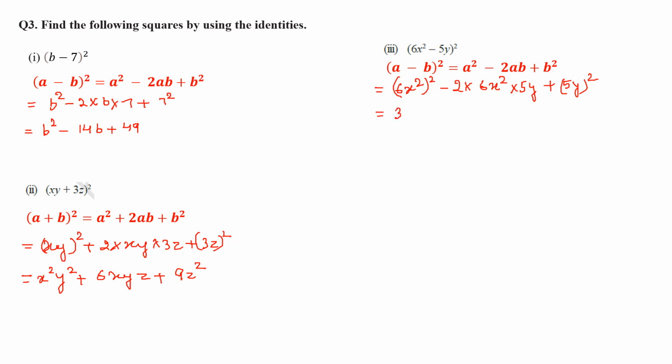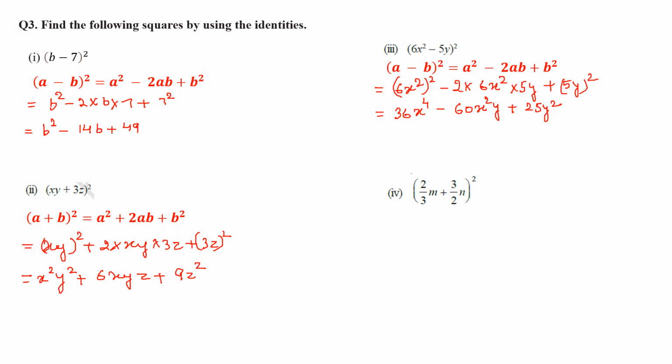So 6 square is 36 and x square whole square will give me x to the power 4. Then 2 into 6 is 12 and 12 into 5 will give me 60 x square y, plus 5y whole square will give me 25y square.